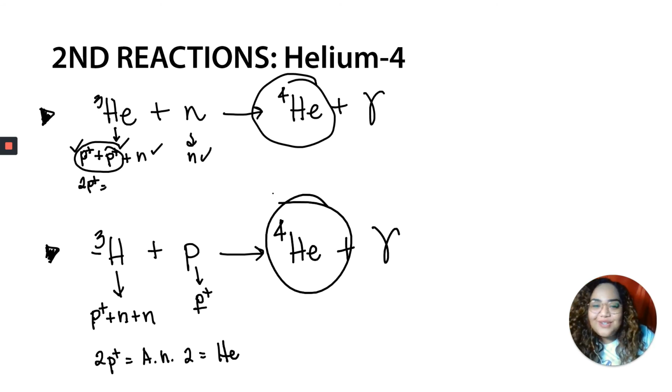Now let's go to the third reactions. In the third reactions, it's sort of a continuous thing. It's very important that you look at your periodic table and see the atomic mass and the atomic numbers in the periodic table. In the third reactions, you will get the products from the previous slide.